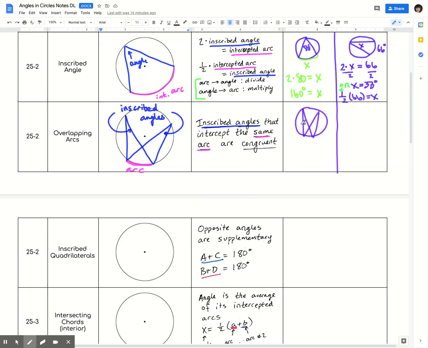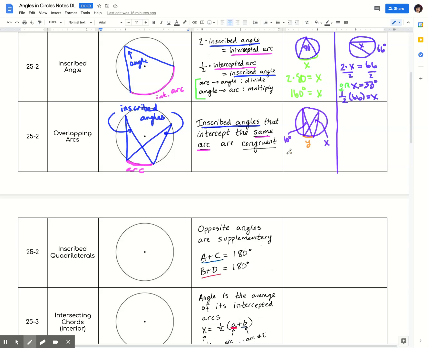I'm telling you that this angle right here is 10 degrees, and I want to know what this angle is, and I also would like to know what the arc measurement is. I would also like to know what that arc measurement is. Well, the rule is inscribed angles, if they intersect the same spot, then the angles themselves have to be congruent.